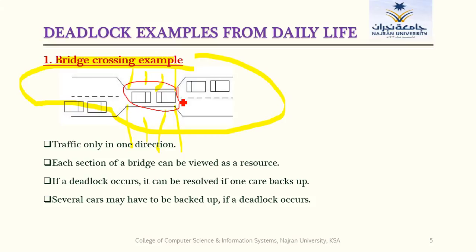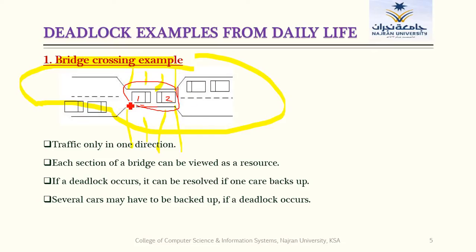Now this is car 1 and suppose this is car 2. They are in front of each other. This situation is the deadlock situation. Car 1 is not able to move towards the right side and car 2 is not able to move towards the left side. Now both are stuck.